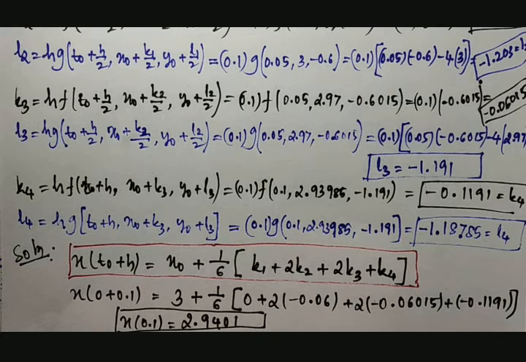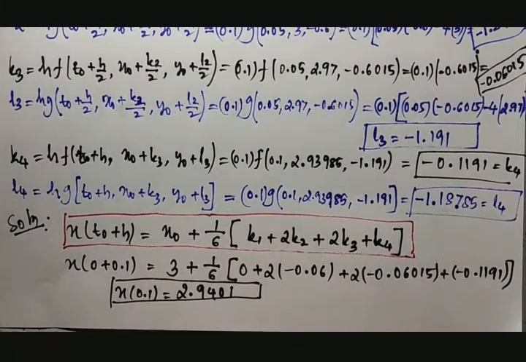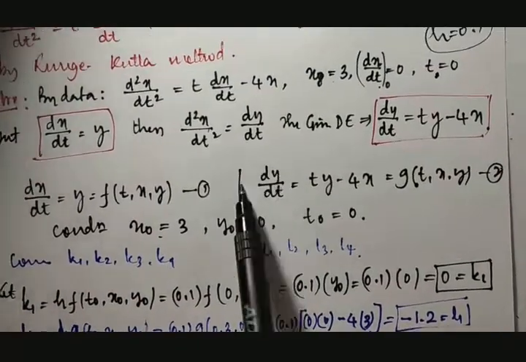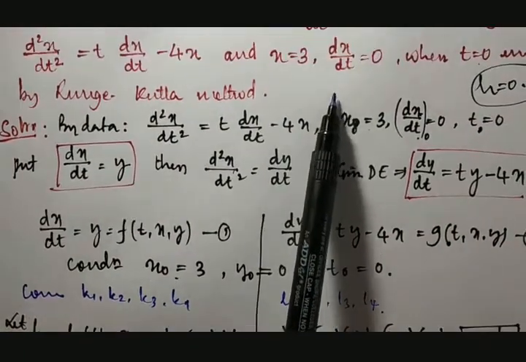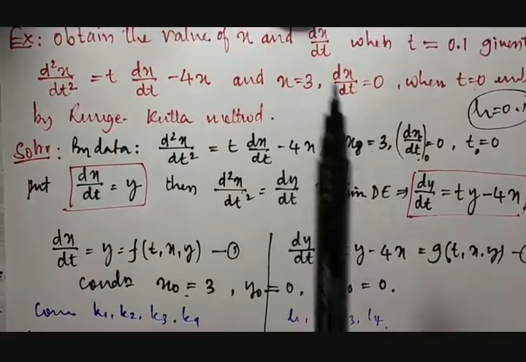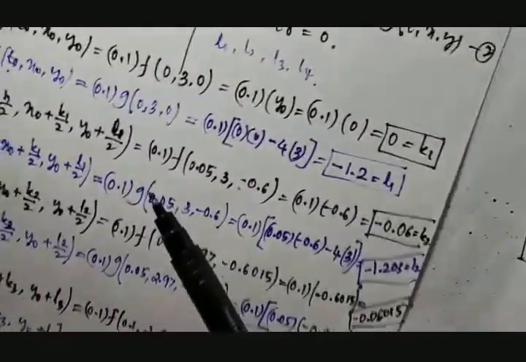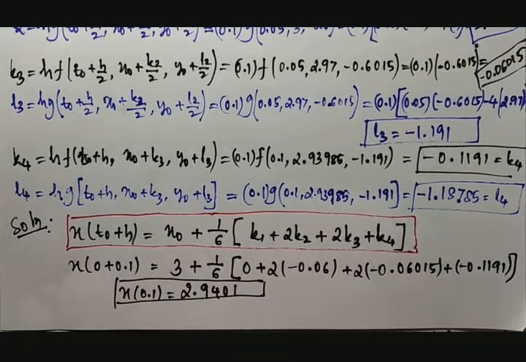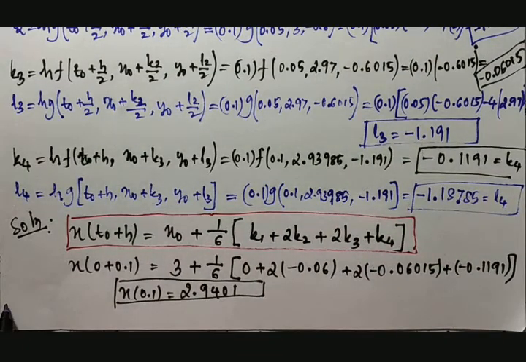Similarly, we need to calculate its other solution, the solution related to dx by dt. Dx by dt is to be calculated. So when we need to calculate dx by dt, let us see how it can be calculated.